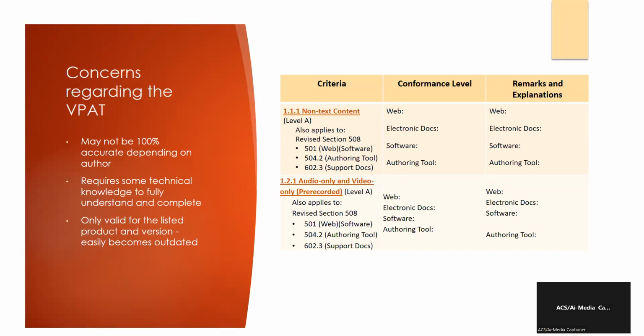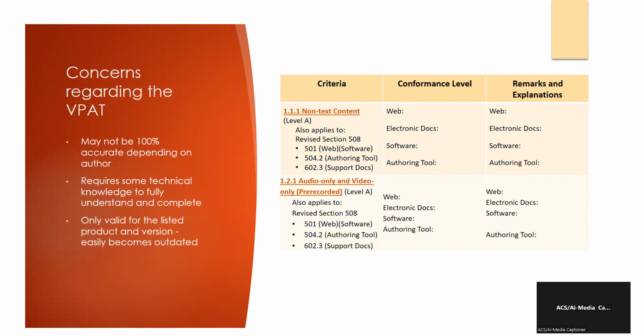So like support documentation and help services, something like if you're purchasing a website or a content management system where you have the web application itself needs to be tested, but then if there's any PDFs that go along with it, or is it generating PDFs, those need to be tested as well. And so that would fall under here. So you get to see kind of, if it's filled out accurately, you would see the breakdown of those 2 different areas. So that would cover web software and supporting docs.